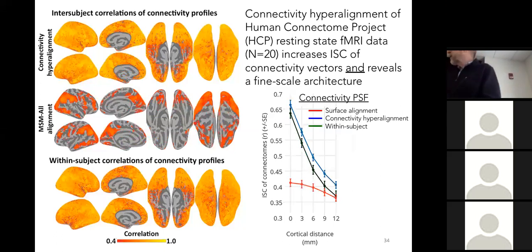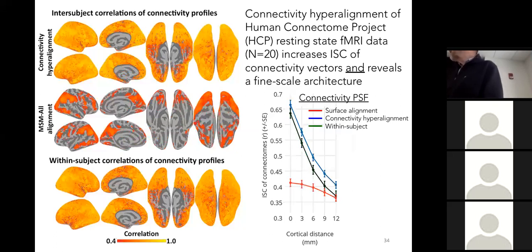And that's what the within subject correlations look like. And this shows the point spread function for the between subject hyperaligned data in blue and the within subject in green.